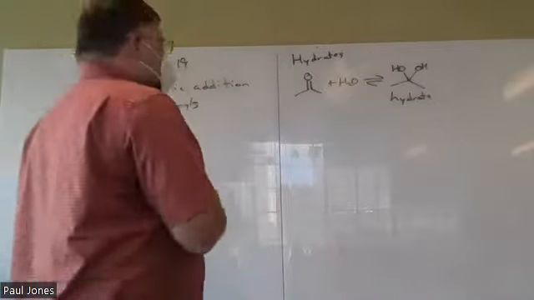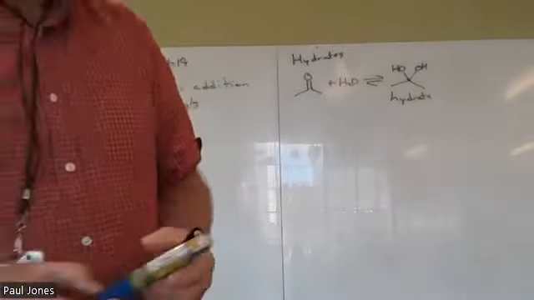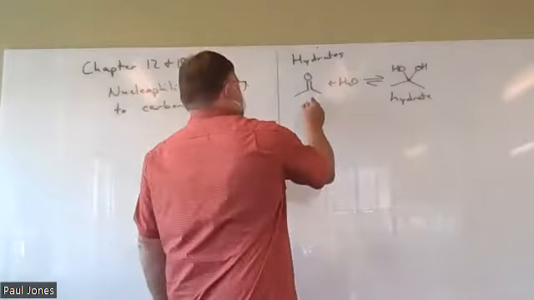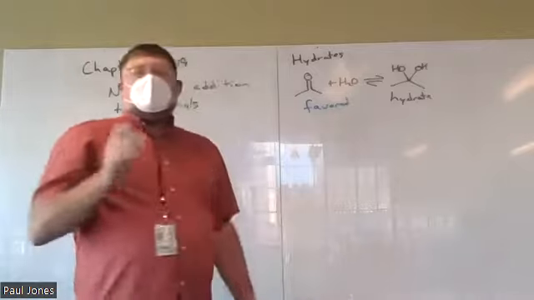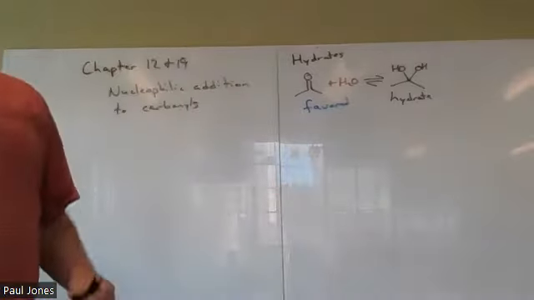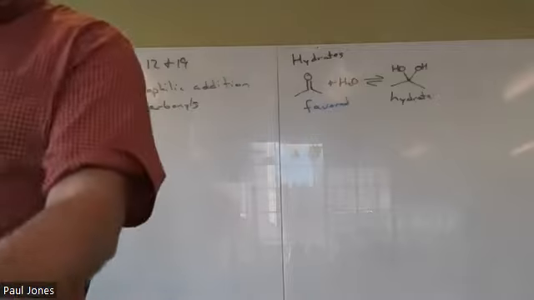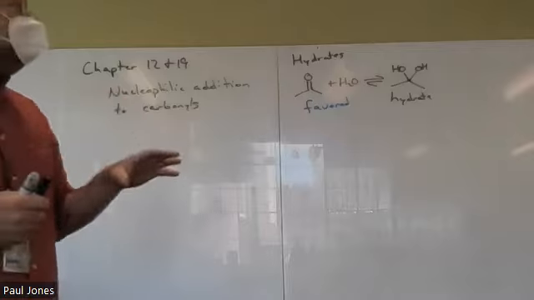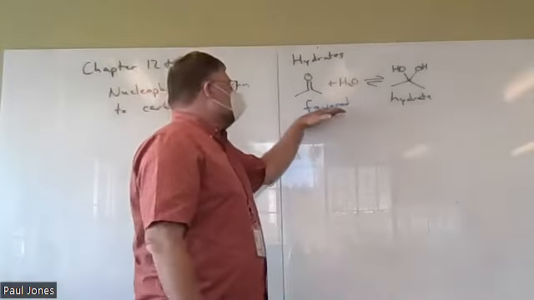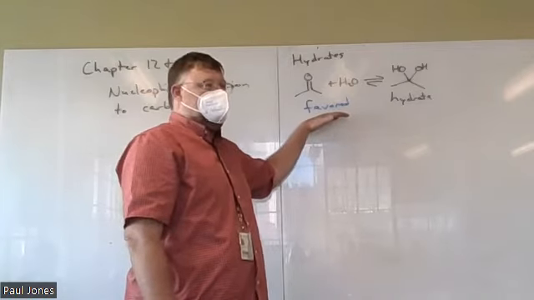Okay, so this is reversible, and under almost all cases, it's really notable when it's not the case, this side is heavily favored over the hydrate. So if I now really focus in on one molecule, so I'm not thinking about this as a population of molecules, it's going to spend 99.7889% of its life like this.